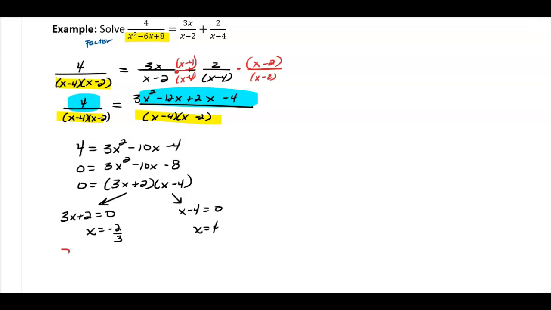We need to check solutions, because our goal is not to have any extraneous solutions. So when we check, let's first check x equals negative 2/3. Long story short, yes, if we put it in our calculator, it does work. We get 9/28 equals 9/28. x equals 4.